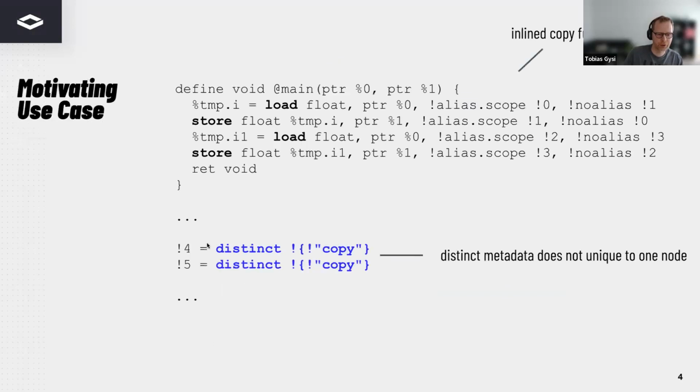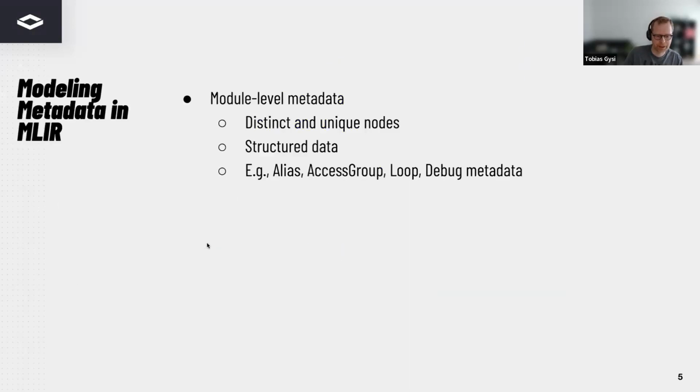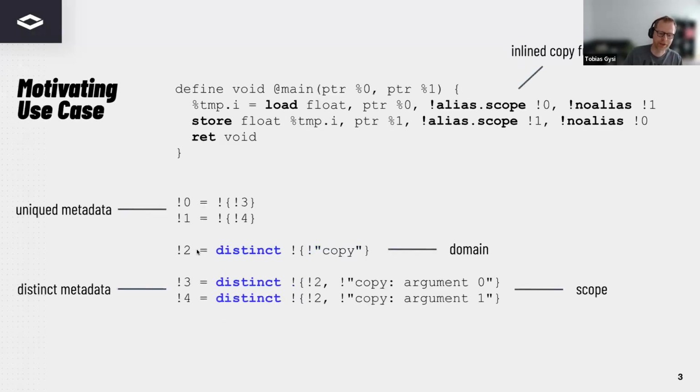It is a very brief example, so maybe this is not so good. Actually, access groups would be nicer for this because they're really empty nodes. That's another concept that we would like to model, and I don't have it on the slides, unfortunately. There you really just have empty nodes, and the only meaning is the tag, basically, in LLVM.